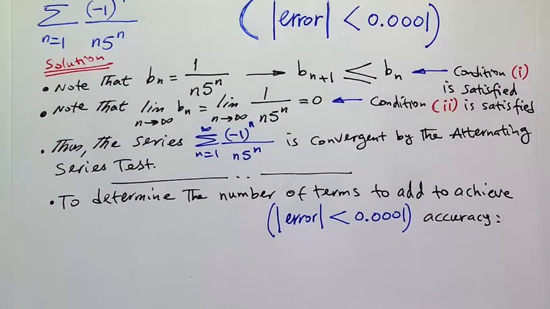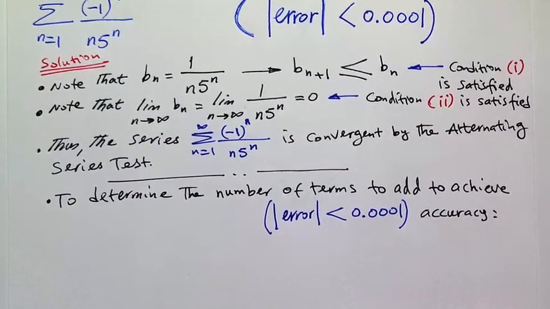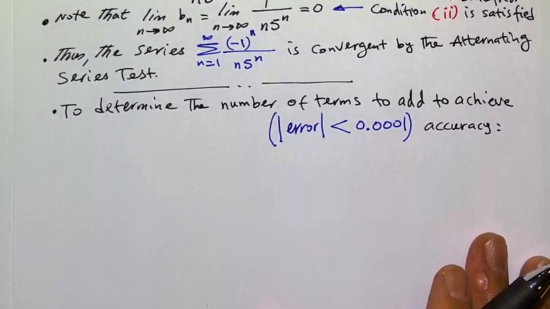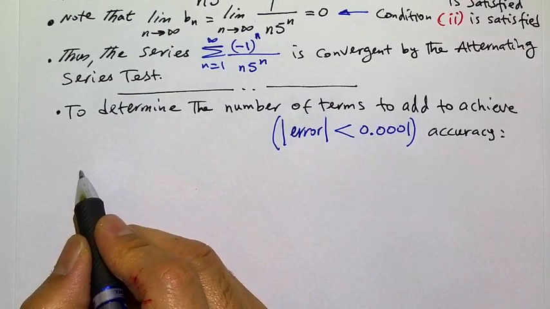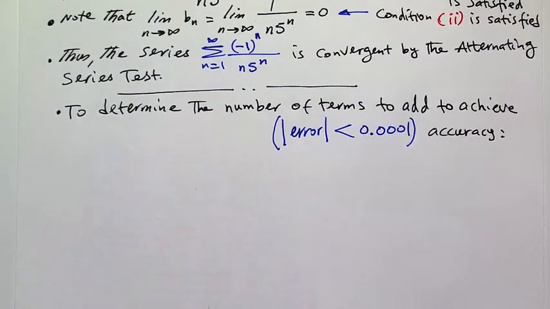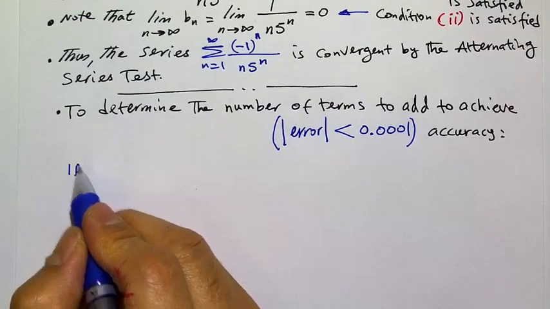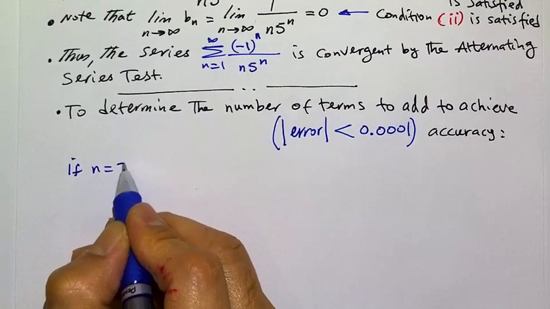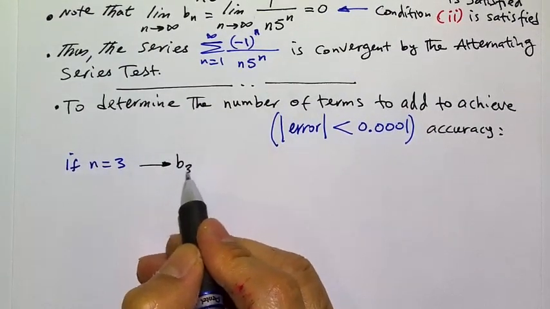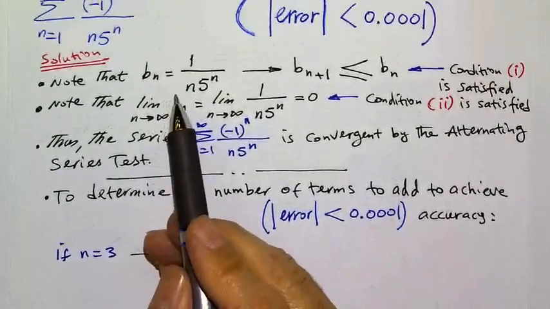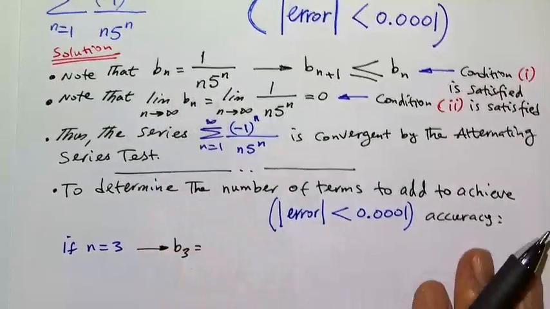So I would start with n equals 3. I would never start with n equals 2. Minimum, I would start with n equals 3. So if n equals 3, then B3, or our Bn's, right? These are our Bn's.